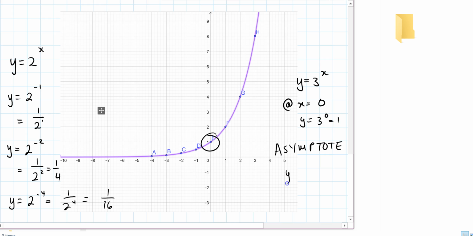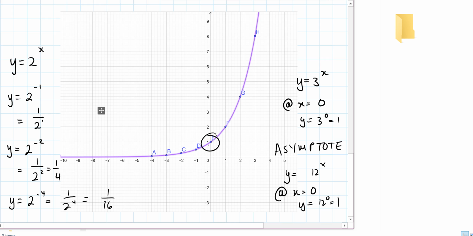If I've got y is equal to 12 to the x, and x is equal to 0, y is going to be 12 to the 0, which equals 1. So no matter what the base that we work with, all exponential graphs are going to pass through 1 on the y-axis.